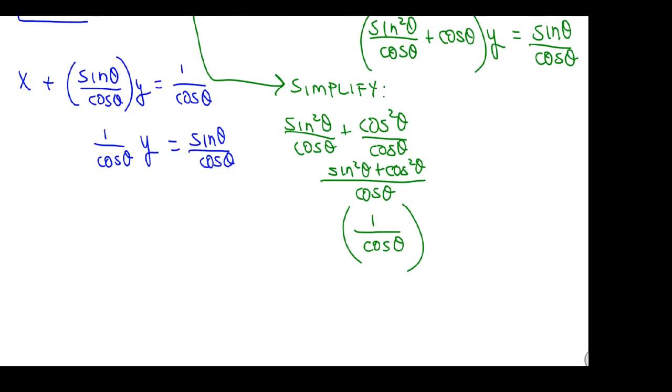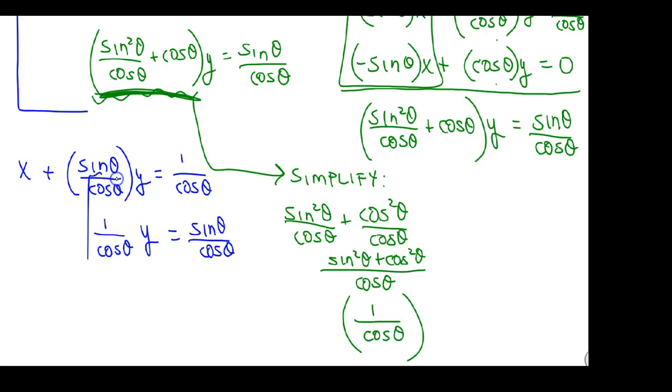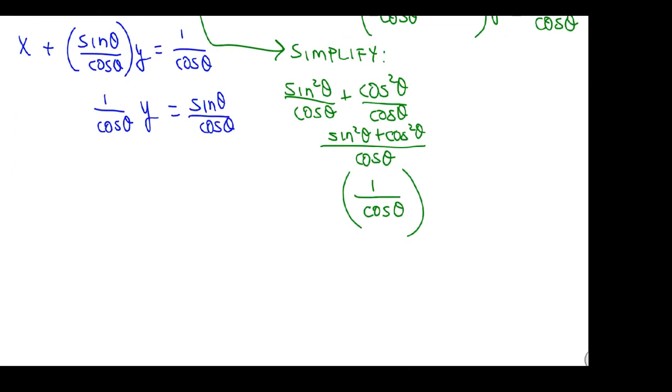Okay, so again, to move to the third iteration, I want to change the 1 over cosine theta to a 1. Again, to achieve 1s, we divide by the coefficient.